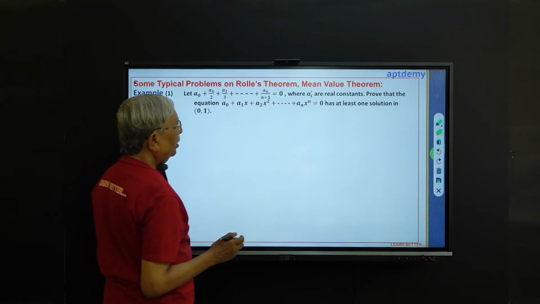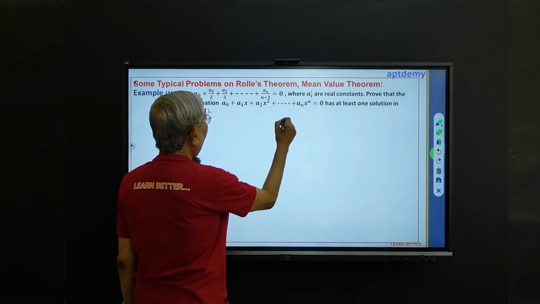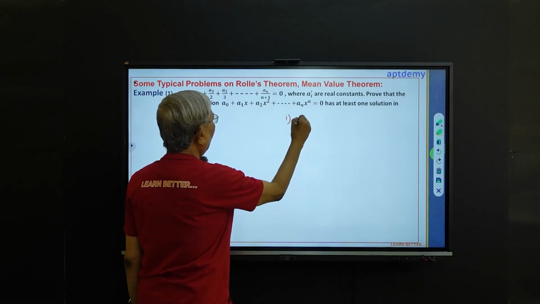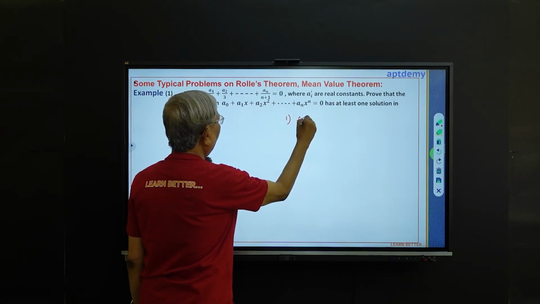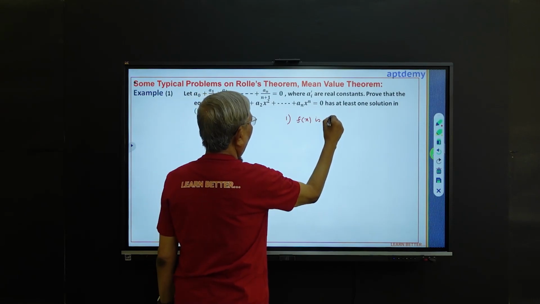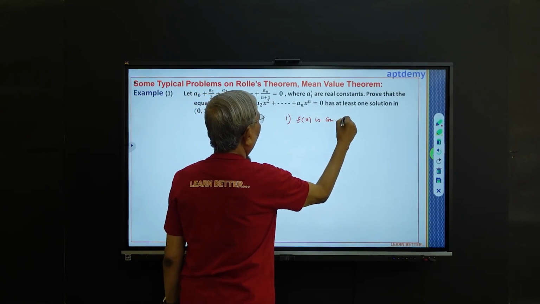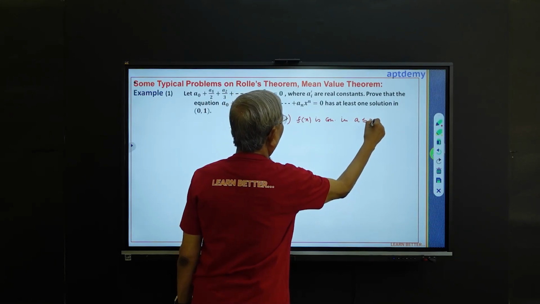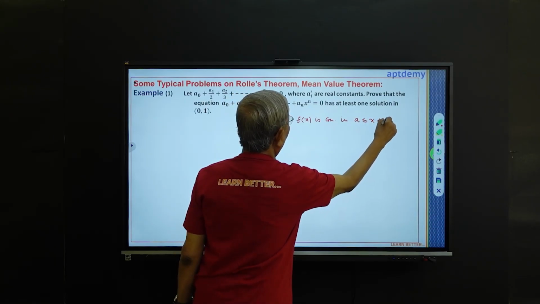Number one, if a function f(x) is continuous in the closed interval a less than or equal to x less than or equal to b.